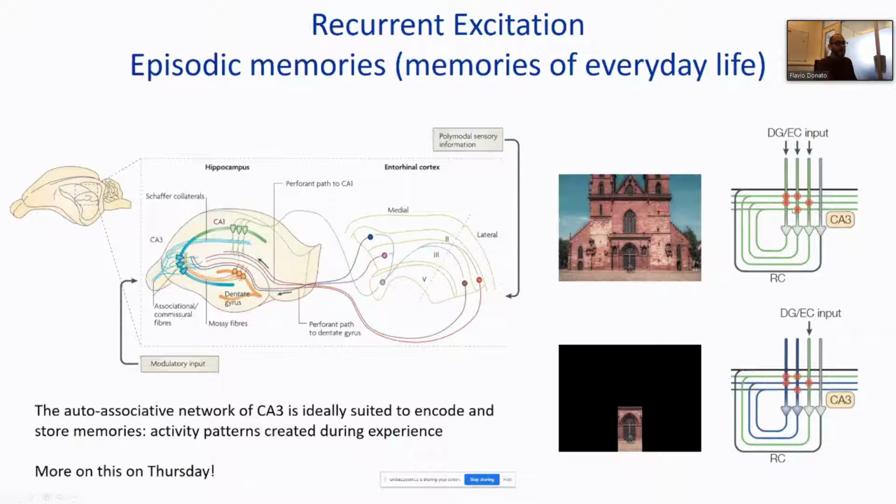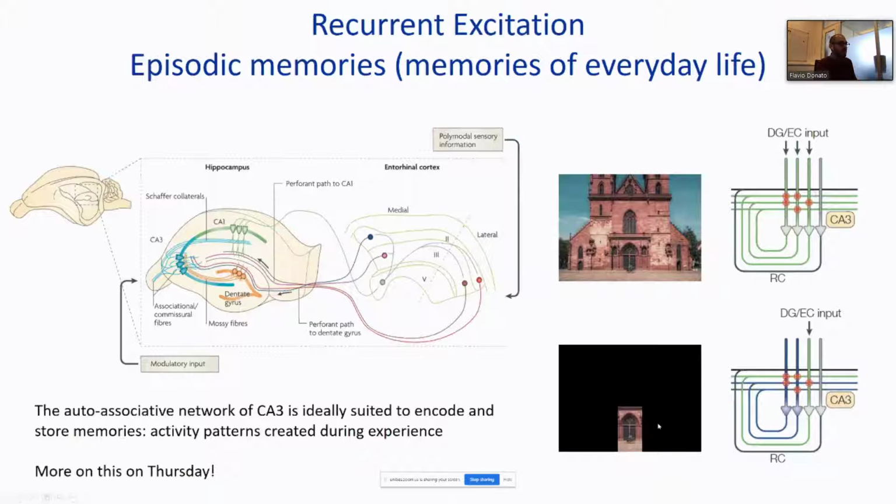Those synapses, because of repeated activation, and we'll see in the next lecture why and how, become potentiated so that they create a specific pattern of activity in the CA3 area of the network, so much so that the activation of each one of these synapses will be sufficient not only to activate the other synapses, but also to activate and retrieve the whole combination of neurons that was active when you saw the Münster.